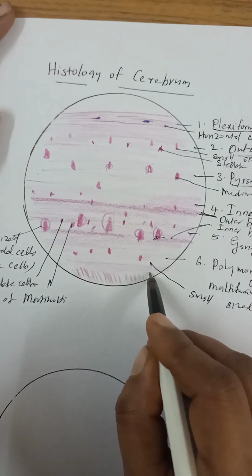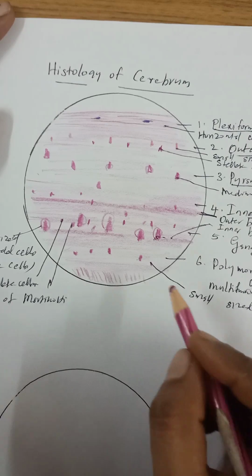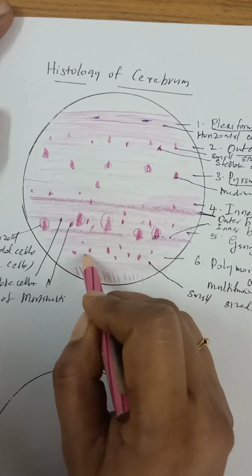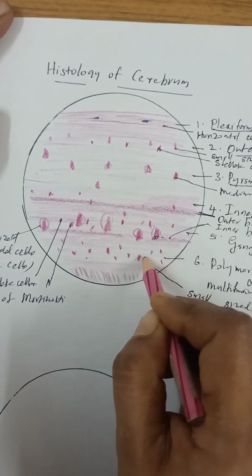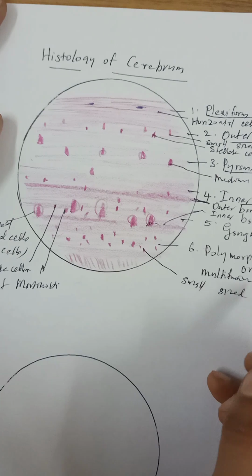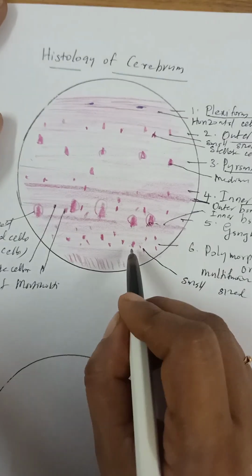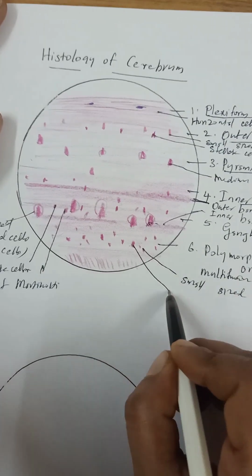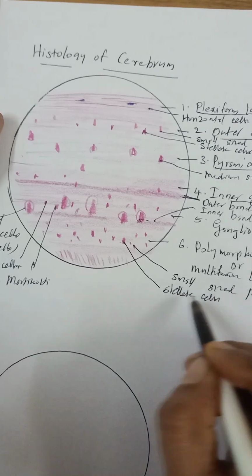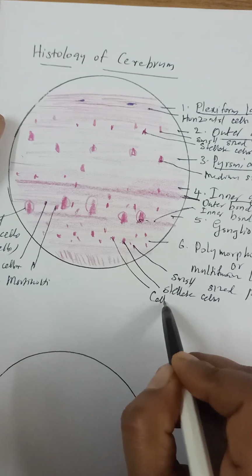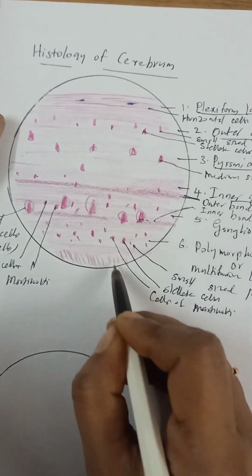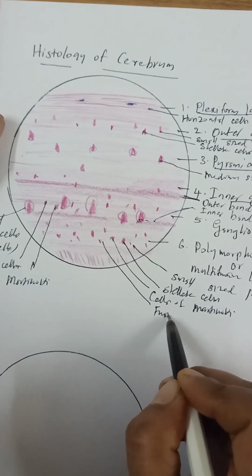So in the multiform layer, polymorphous layer, there are four types of cells: small sized pyramidal cells, then stellate cells, then cells of Martinotti and fusiform cells.